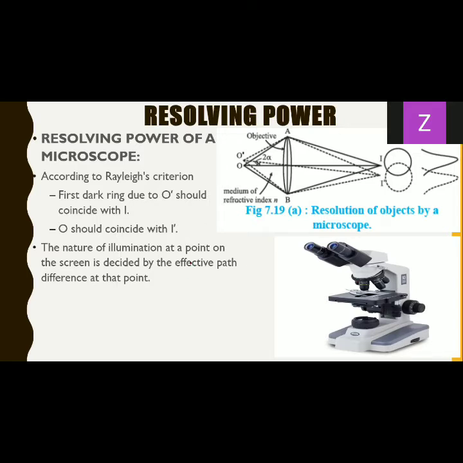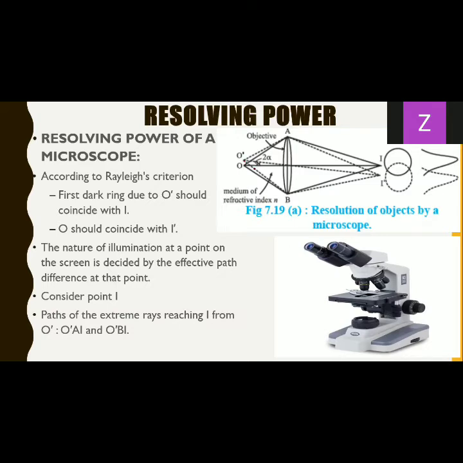So at point I, we can consider the paths of extreme rays from O dash. Obviously, the paths of extreme rays will be O dash A I and O dash B I.